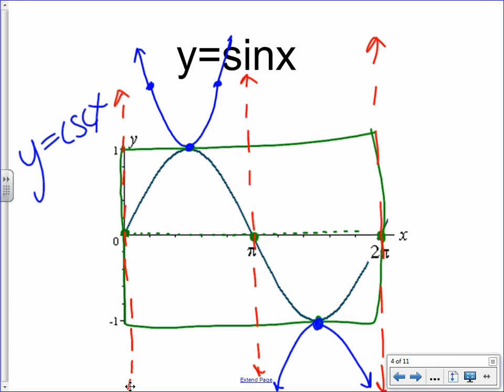Okay. Now, the domain of this, I'm not going to make you write because what's happening? We have asymptotes over and over and over again. So we have between 0 and pi, and between 0 and 2 pi, and then between 2 pi and 3 pi, and I'm not going to make you write that.